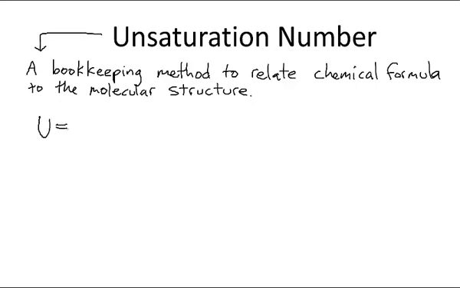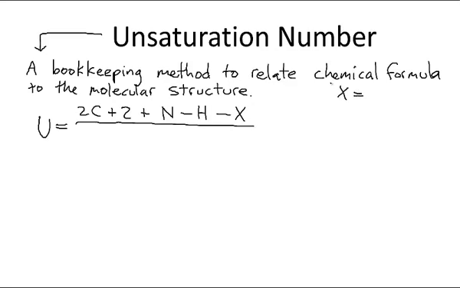The unsaturation number for a molecule is going to be 2 times the number of carbons, plus 2, plus the number of nitrogens, minus the number of hydrogens, minus the number of X. X here stands for halogen, so X is fluorine, chlorine, bromine, or iodine.